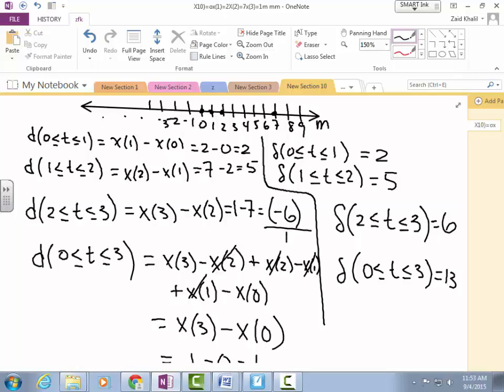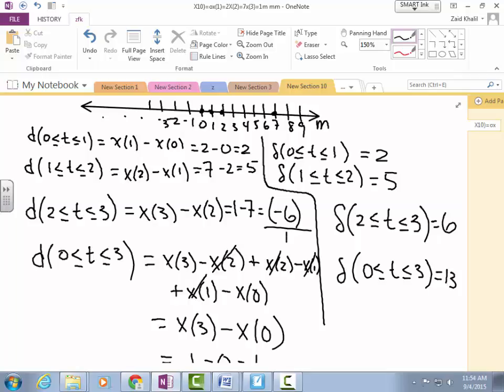Distance is going to be what? All the previous displacements combined? Okay, but then here's a question. Is that absolute value of all the individual distances needed? Why? Because they're already positive, right?